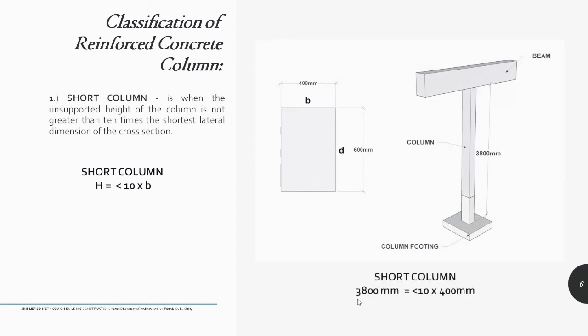So 3,800 millimeters, which is our actual height of the column, should be not greater than 10 times 400 millimeters, or 3,800 millimeters is not greater than 4,000 millimeters. This is considered as a short column, or medyo mataba na column.